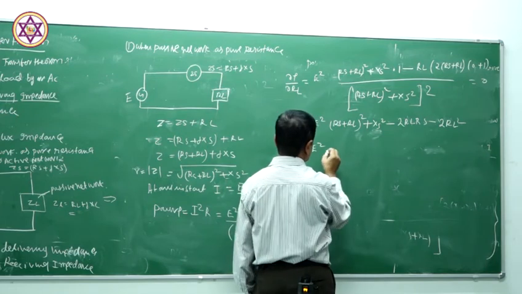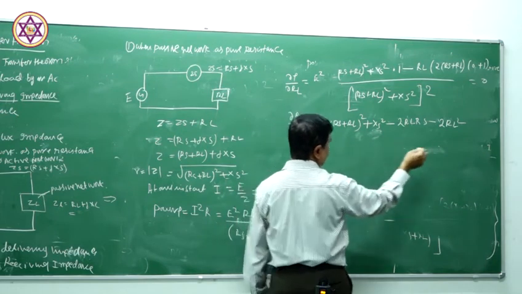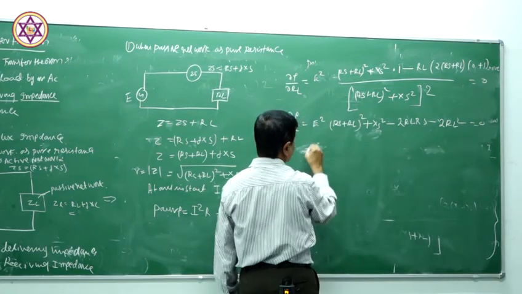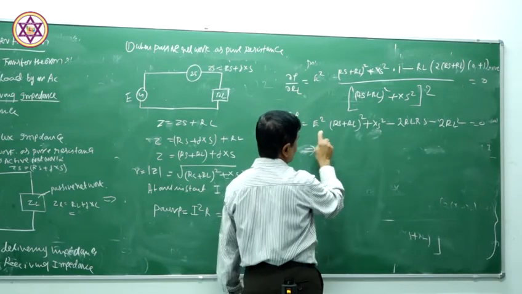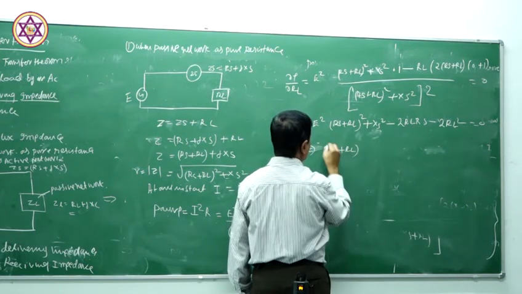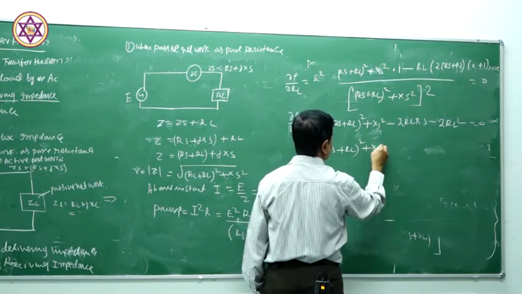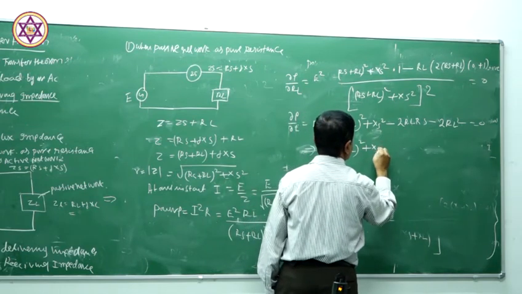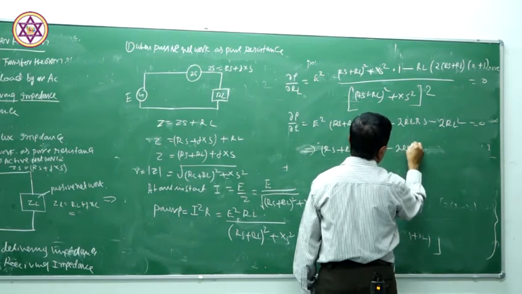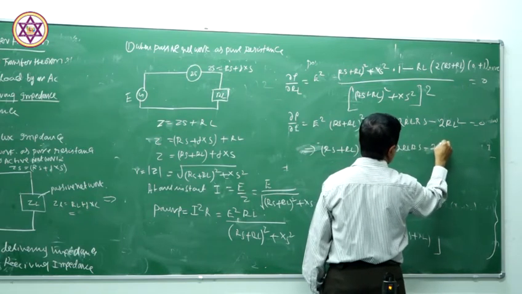E squared cannot be 0, so only this part is 0.